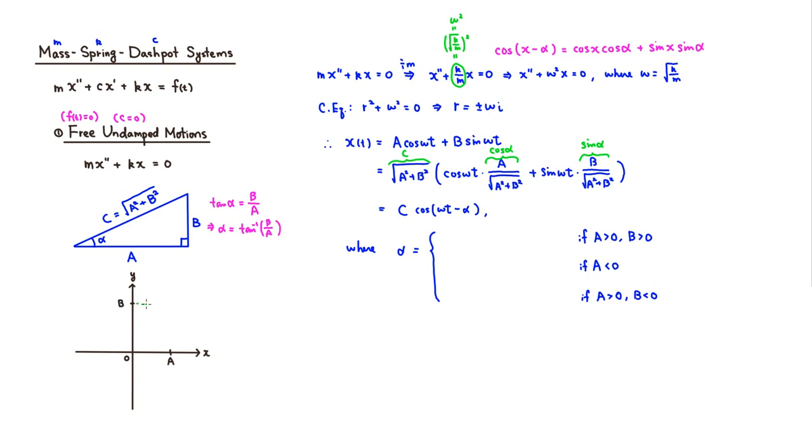So this is the angle we're talking about, right? In this case, we can just take arctangent of B over A and that will give you that, because this is going to be an angle between negative pi over 2 to positive pi over 2. So alpha is simply arctangent of B over A.